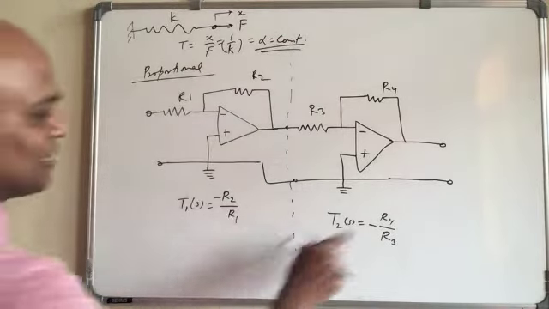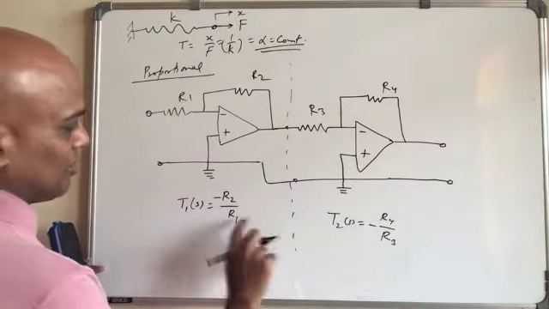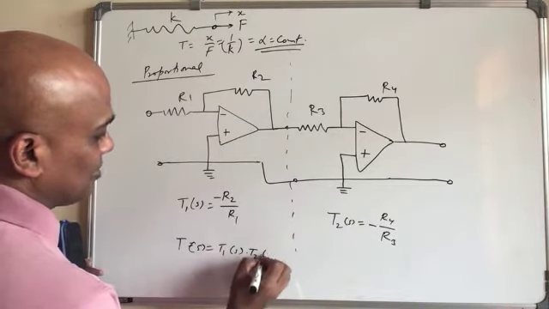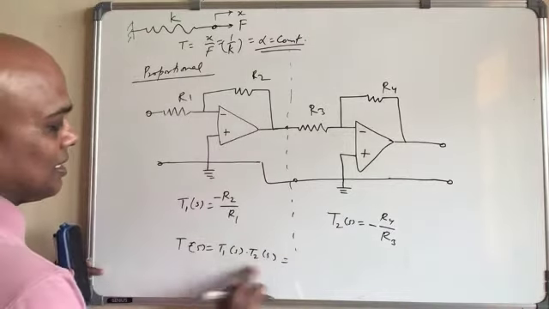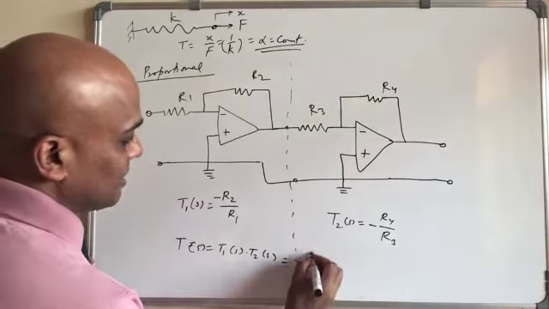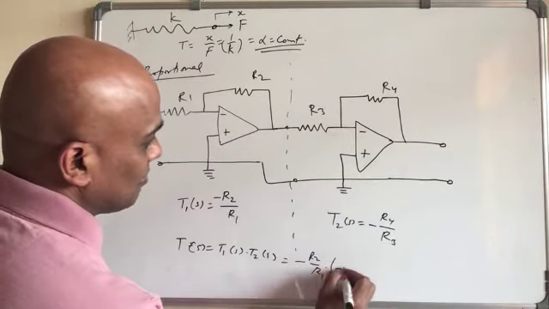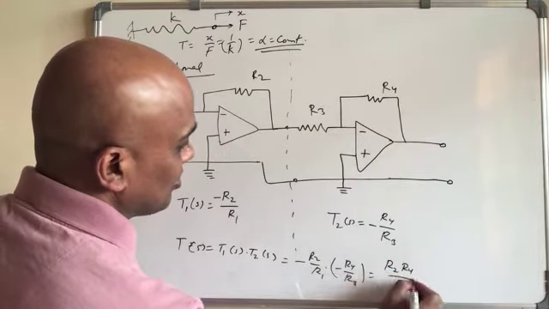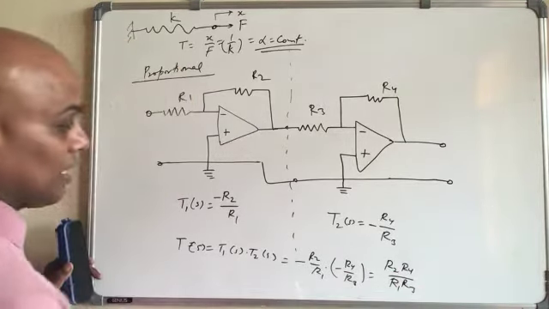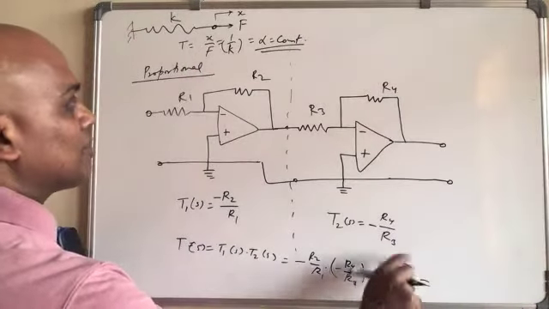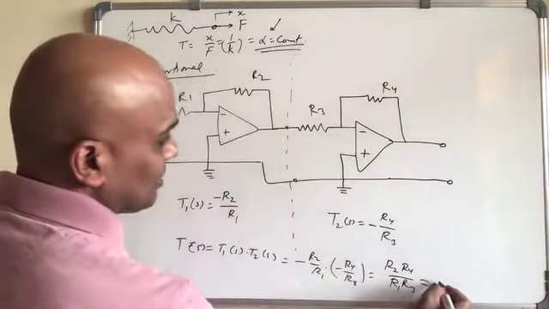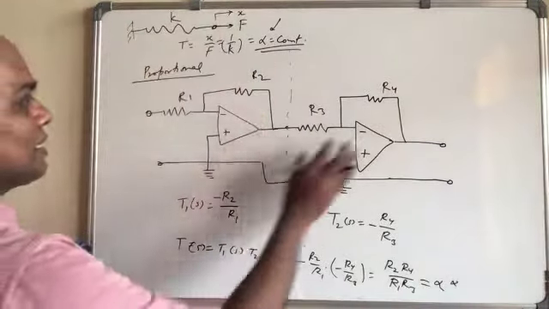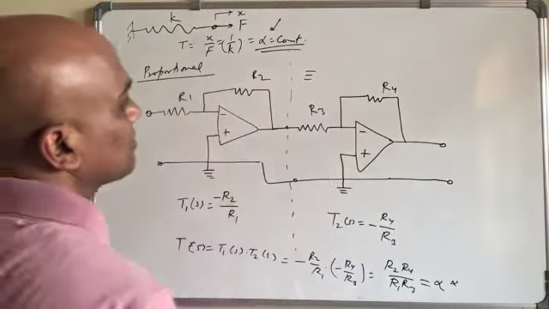To make the transfer function constant, Ts equals T1s multiplied by T2s, because they are in series one after the other. Minus R2 over R1 multiplied by minus R4 over R3 gives R2 R4 over R1 R3, and you can match this exactly with the constant. Hence this system and this system are equivalent.